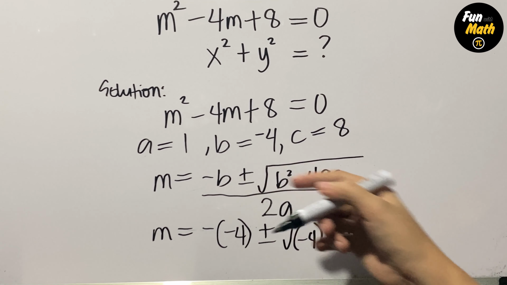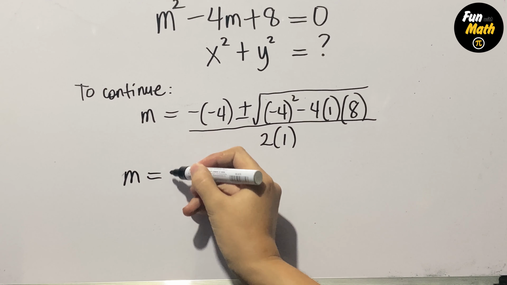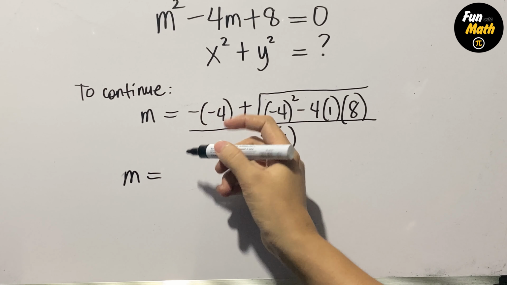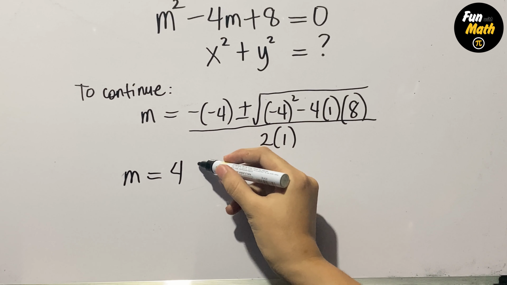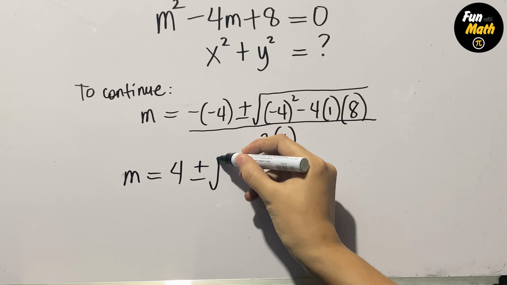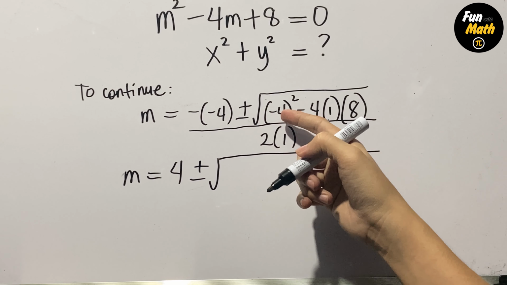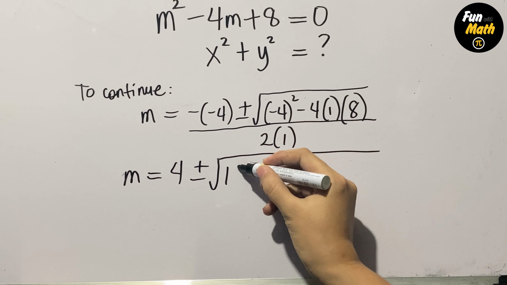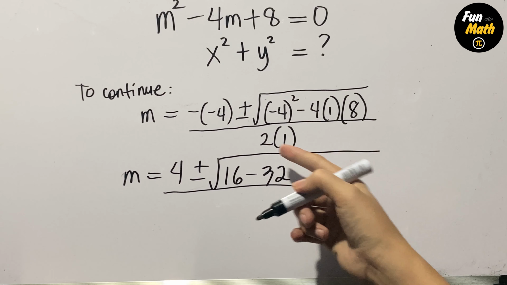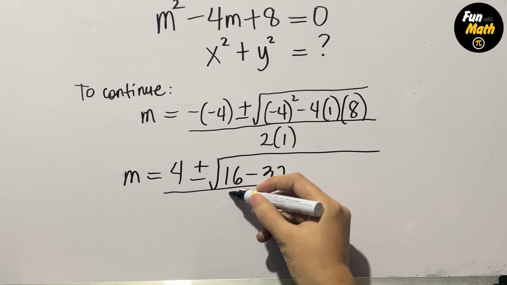And then next is m is equal to negative times -4, that is +4, positive, negative, square root of -4 squared, that is +16, minus 4 times 1, that is 4, times 8, that is 32, over 2 times 1, that is 2.